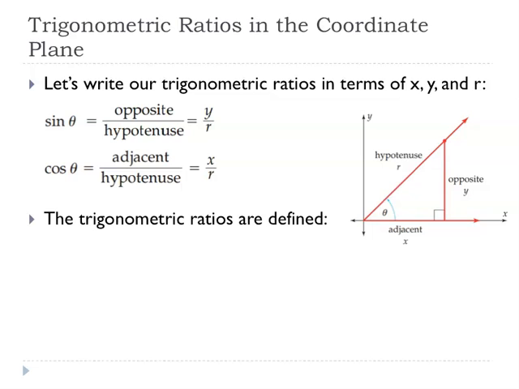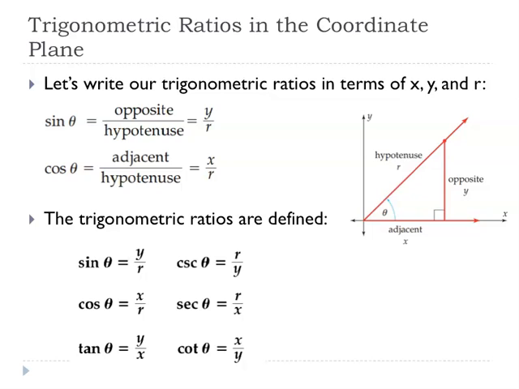So sine theta equals y over r, cosine theta is x over r, tangent theta is y over x, and for cosecant, secant, and cotangent, we just flip each of those ratios over. So we have r over y, r over x, and x over y.